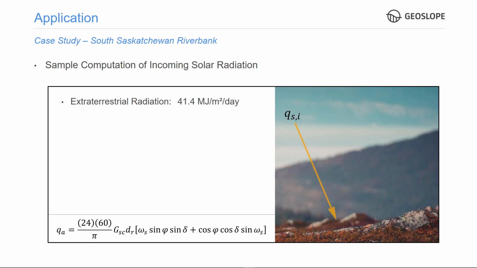The parameters in this equation are the solar constant, G subscript SC, the inverse relative distance Earth-Sun, D subscript R, the sunset hour angle, omega subscript S, the latitude, phi, and the solar declination, delta.